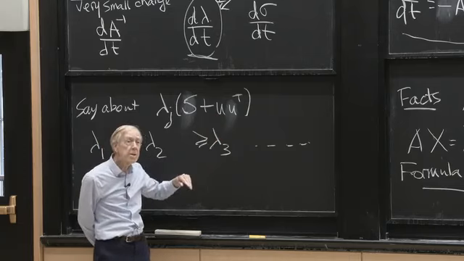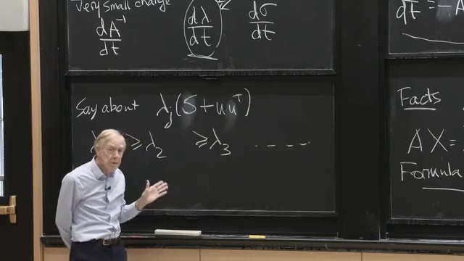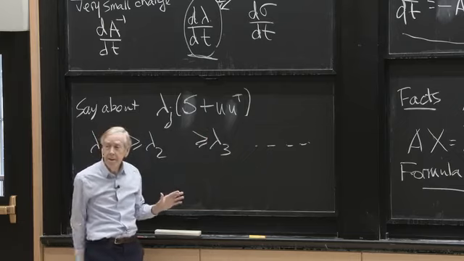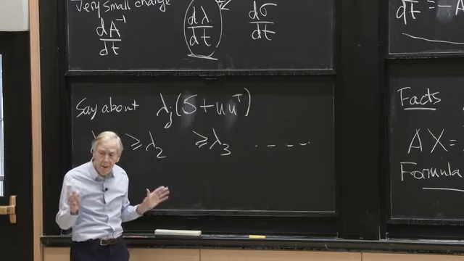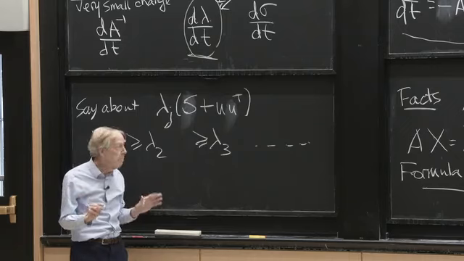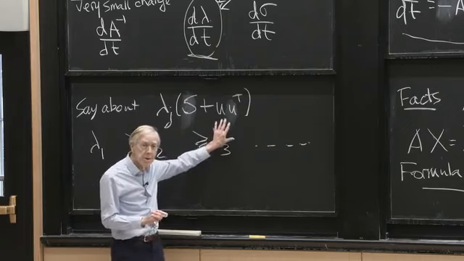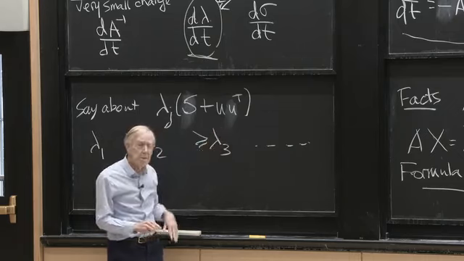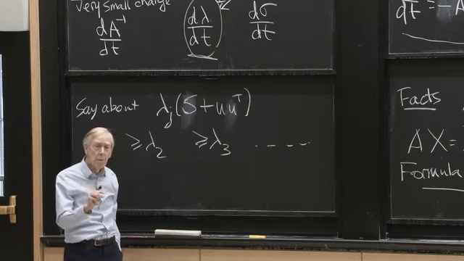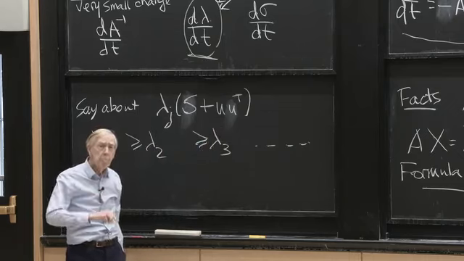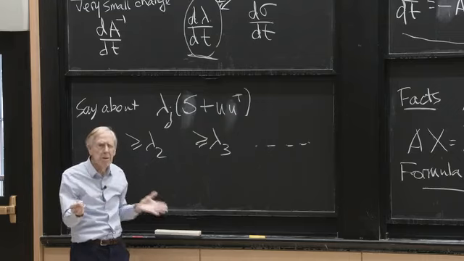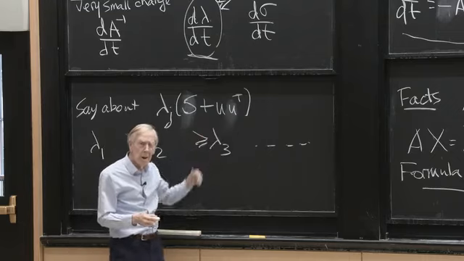It is symmetric, of course. And it is positive semi-definite. This is a positive change. UU transpose is the typical rank 1 positive semi-definite. It couldn't be positive definite because it's only got rank 1.